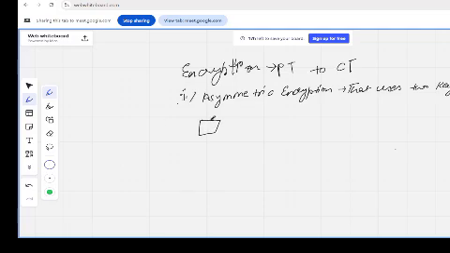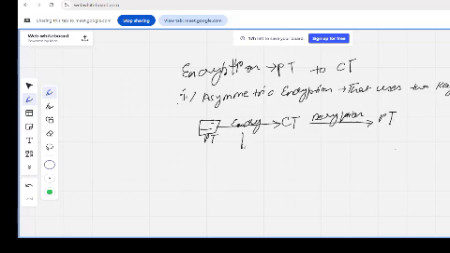Suppose this is our plain text, and we apply encryption here. It is converted into ciphertext. Now, when we apply decryption, it will convert into plain text again.